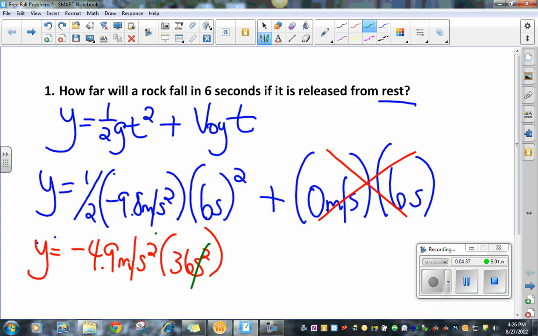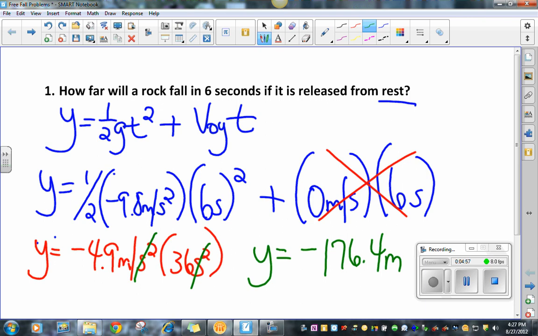So these units actually cancel each other out. So you're left with your answer, y is equal to negative 176.4 meters.